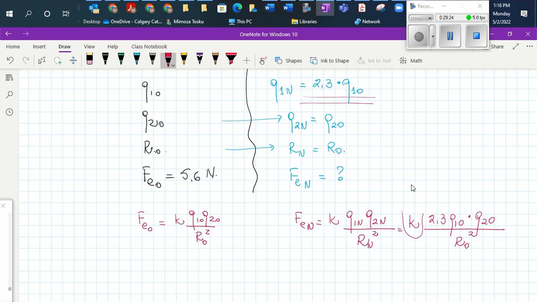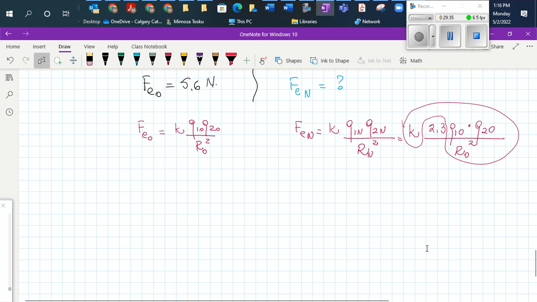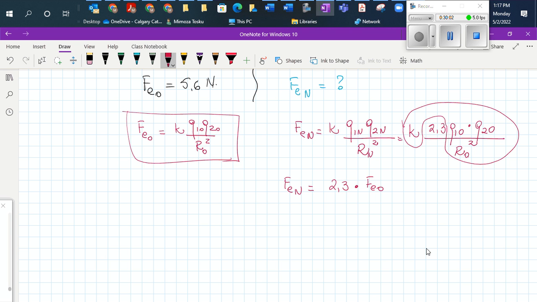So when you take K, Q1 original, Q2 original over R squared original, then the new electrostatic force will be 2.3, from this loop that I made here, times the original electrostatic force, because K, Q1 original, Q2 original over R squared original is equal to the original electrostatic force.